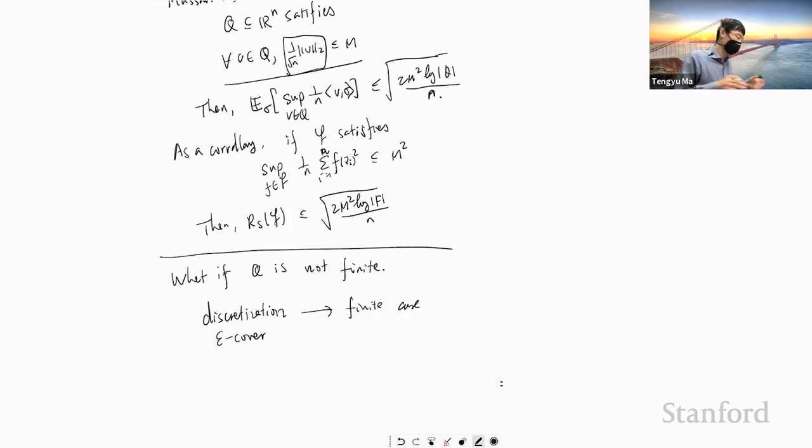You have seen it in the third lecture, maybe, when we talked about infinite hypothesis classes. But here the difference is that you are discretizing the output space, the set Q, which is a set of n-dimensional vectors. Before, you were discretizing the parameter space, a d-dimensional parameter space.